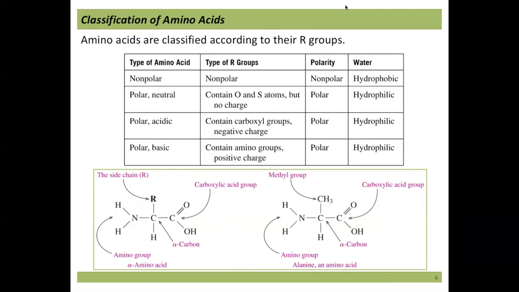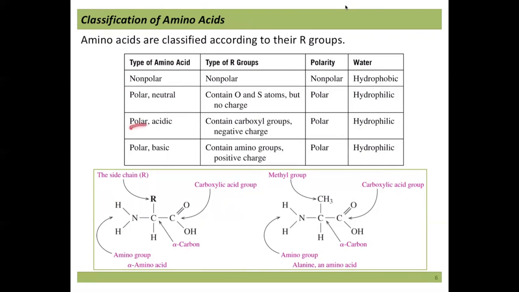And so this R group can be nonpolar. The R group can actually be polar and neutral, meaning that the side chain contains an oxygen or sulfur, but no charge. So the side chain is able to participate in hydrogen bonding or has some polarity to it, but it doesn't have a charge.